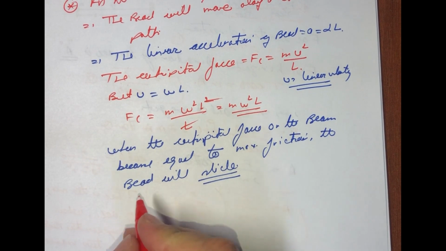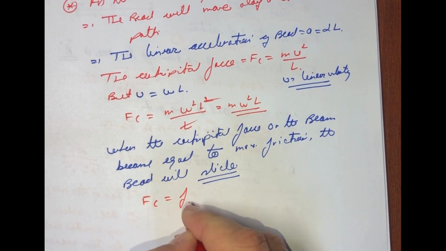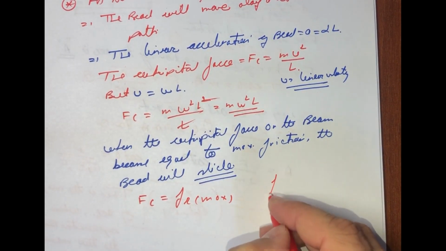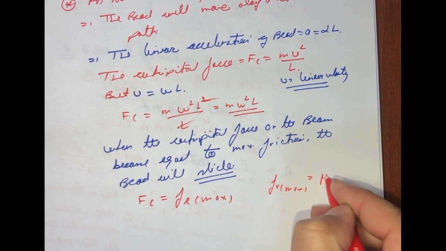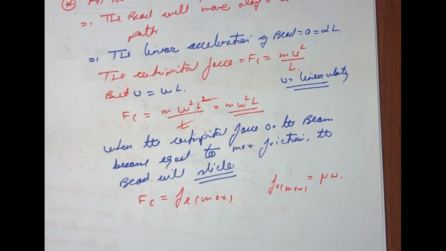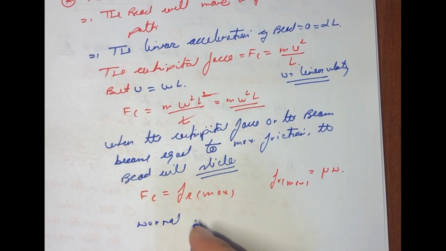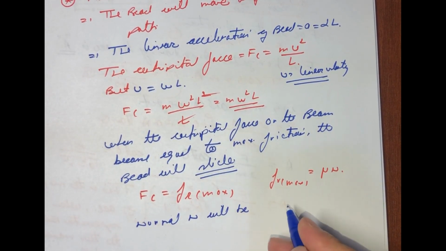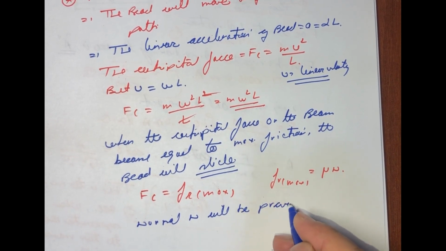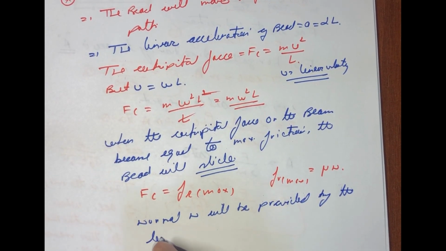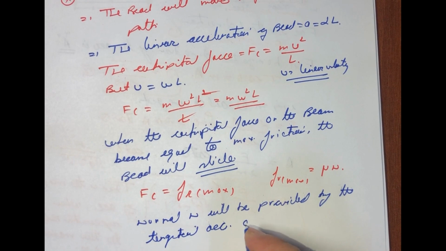So we can say that Fc is equal to the frictional force Fr max, and the value of Fr max will be equal to mu into N, where N is the normal, and that normal will be provided by the tangential acceleration AT.